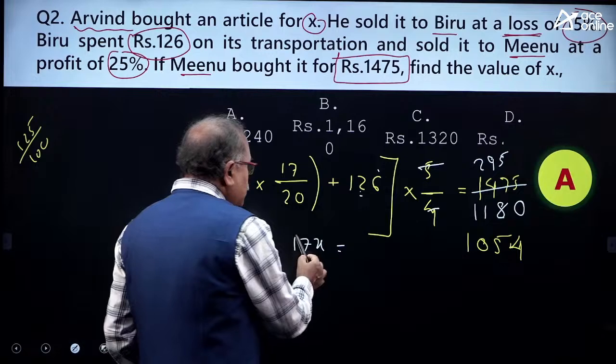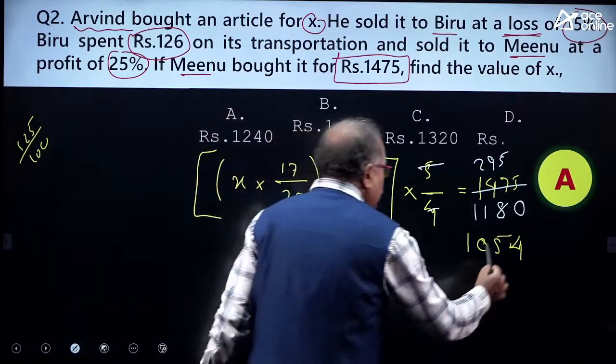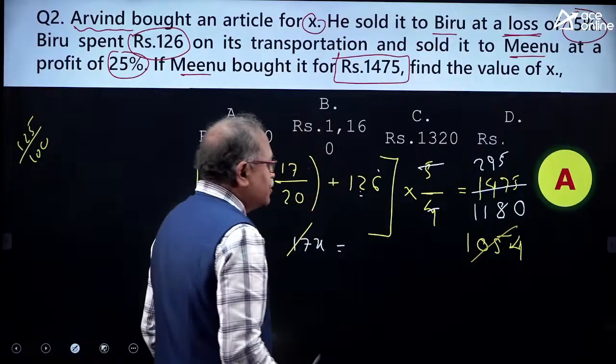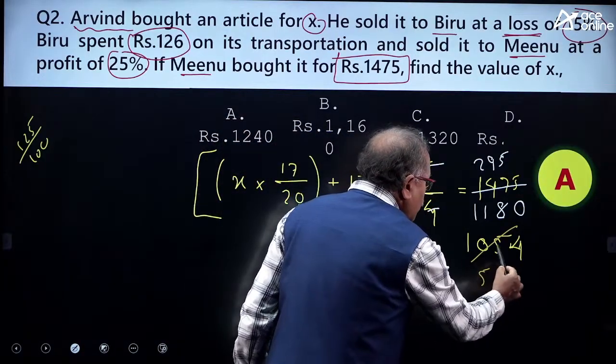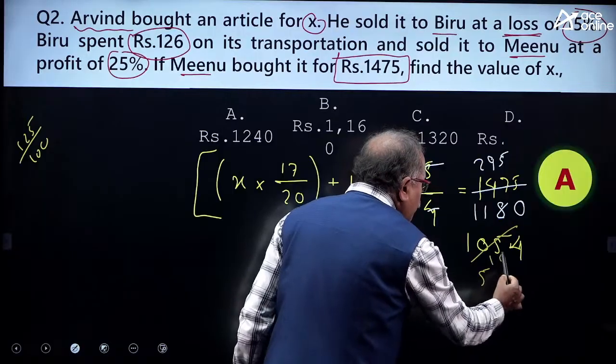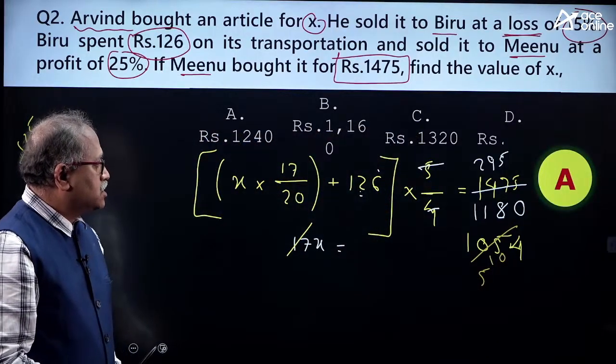So, if I cancel this by 17, let me check that part. 17, 5 is 85. It's okay. So, 85 I left with 104. So, how many times with 17?